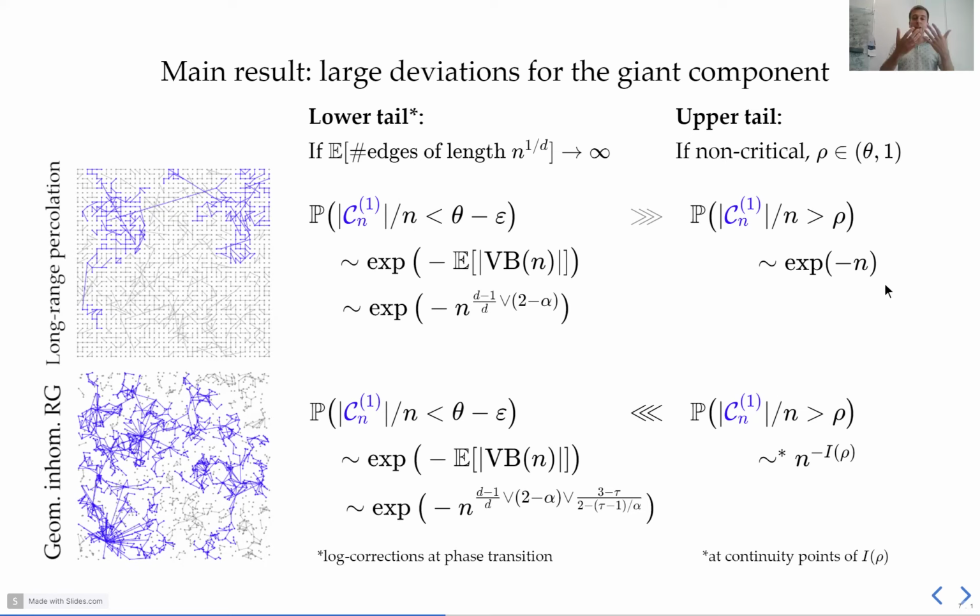So you really have to change linearly many boxes locally to make the giant much larger than you would actually expect. This gives a tiny bit of intuition why you see exponential decay here, and why you see polynomial decay here. You don't have hubs in these top models that can help you to increase the size of the giant. And that's the main difference between the two cases. Let me stop here and then we can take more time for questions if you have them.